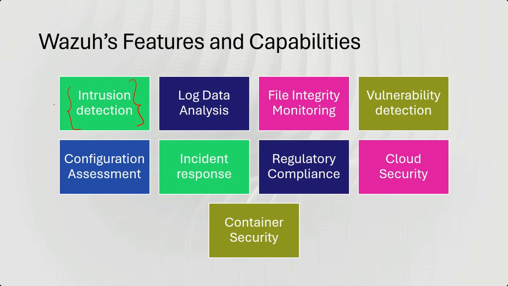Wazuh agents scan the monitored endpoints, our endpoints, and look for any malware in the system, any rootkit in the system, any suspicious anomalous behavior in the system. They can also detect any hidden files or unregistered network listeners. And in addition to the agent capability itself, the server component also uses a signature database to detect any kind of intrusion in the system, right?